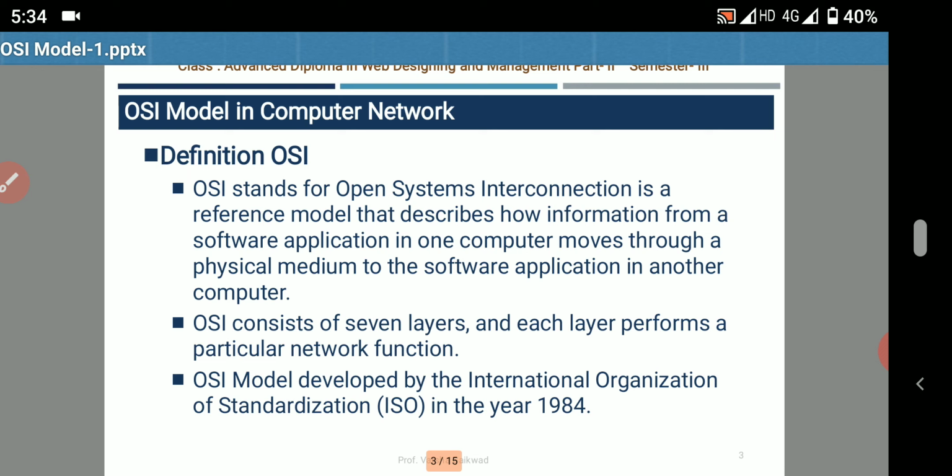Now if one computer wants to communicate with the other computer, but the operating systems of both the computers are different, like one computer is having Microsoft operating system and the other computer is having some different operating system. So in that case, how will they communicate? For that purpose, OSI model is followed, which is a standardized Open Systems Interconnection.